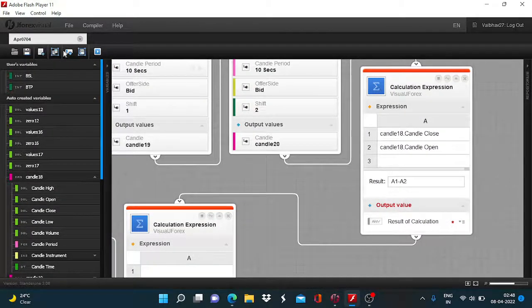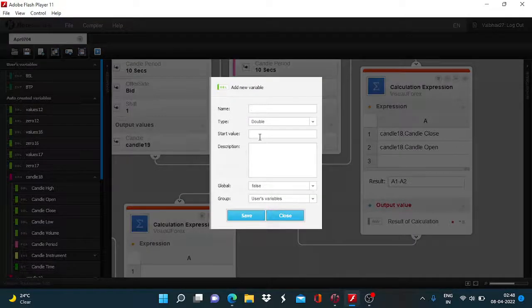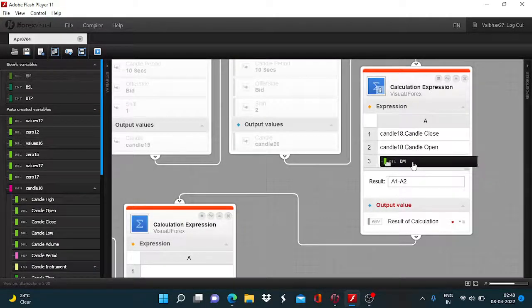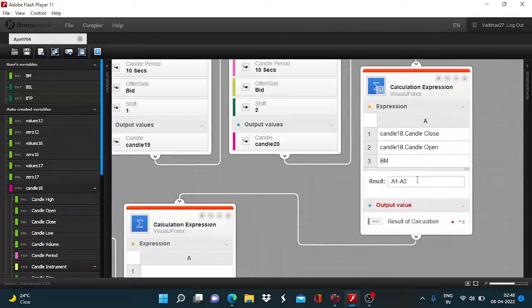So for that, I will create a new variable with the start value of 2. So this will need to be put in brackets, and after that needs to be multiplied by the third variable. Okay.